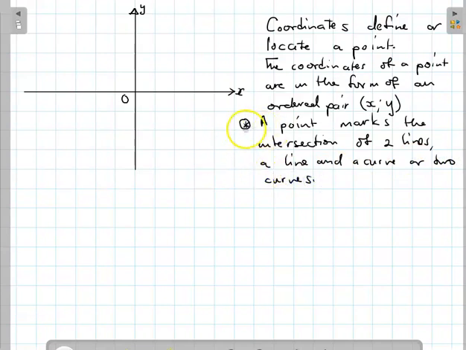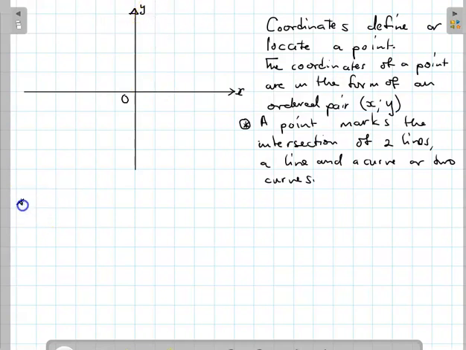So pretty much a point marks an intersection of two graphs. Which means if we're going to talk about coordinates here, we must have points, and for us to have points, we must have lines or curves or whatever, but we're going to begin with lines. So let's define some lines on the Cartesian plane.